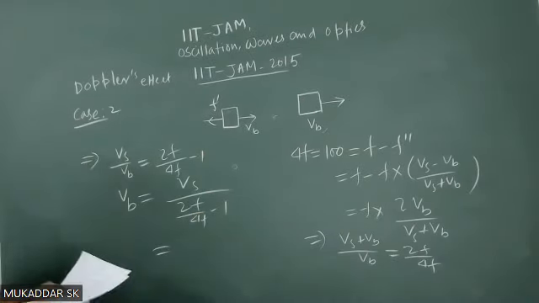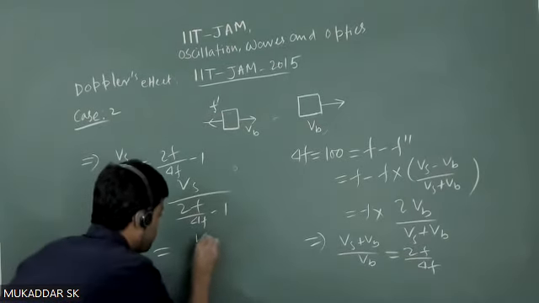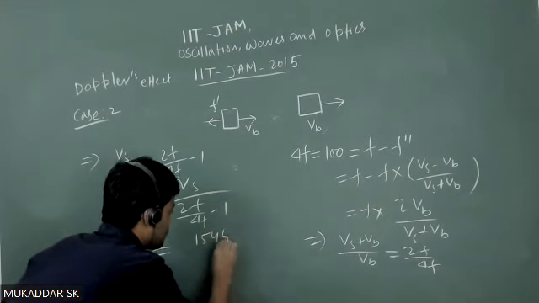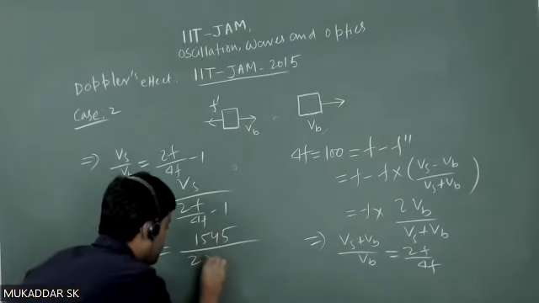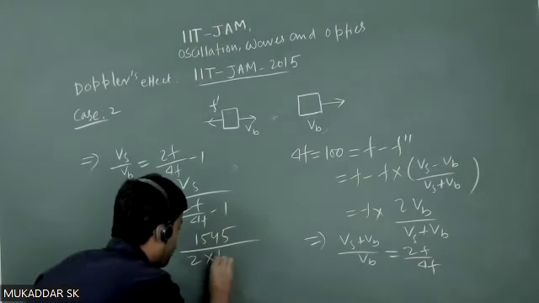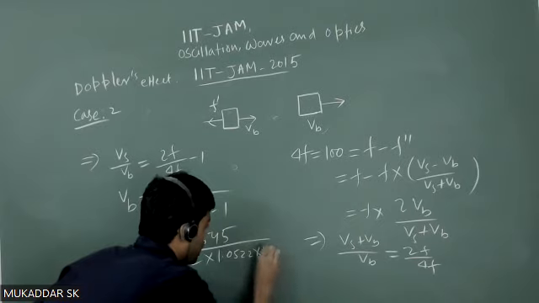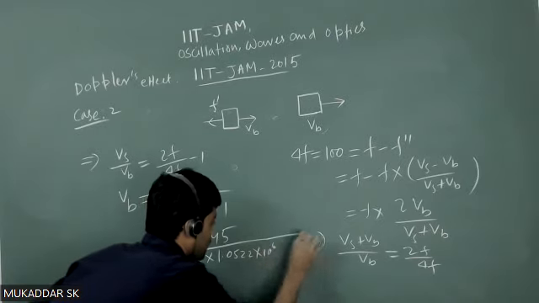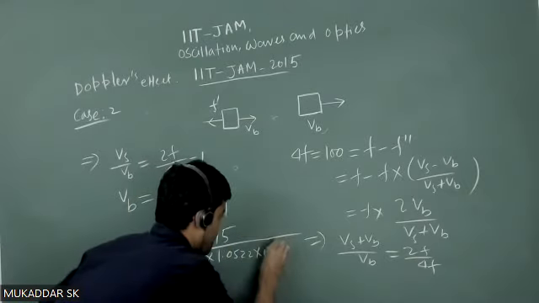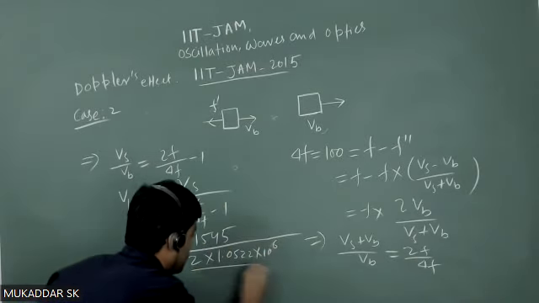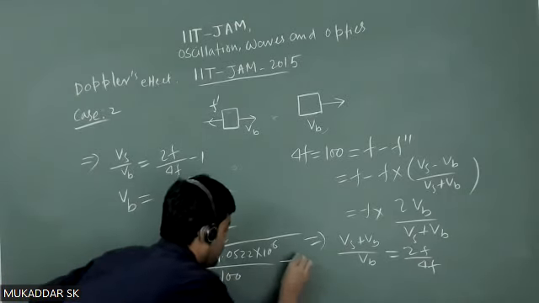Vs is 1545 meter per second, the velocity of sound in the vessel, and the frequency is 1.0522 megahertz, so it is 10 to the power 6 hertz. And delta f, the beat, is 100, and then minus 1.